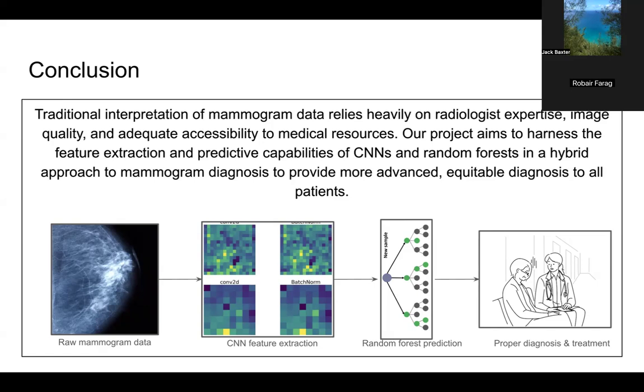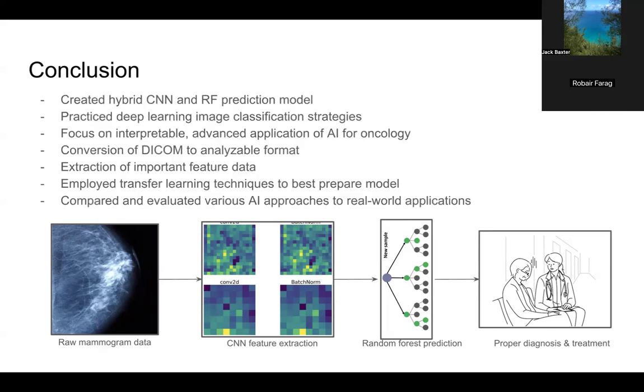And as we can see down below from the images, from the raw mammogram data to the CNN feature extraction, and then to the random forest prediction, and then the proper diagnosis and treatment. And then we created hybrid CNN and RF prediction models. We practiced deep learning image classification strategies.